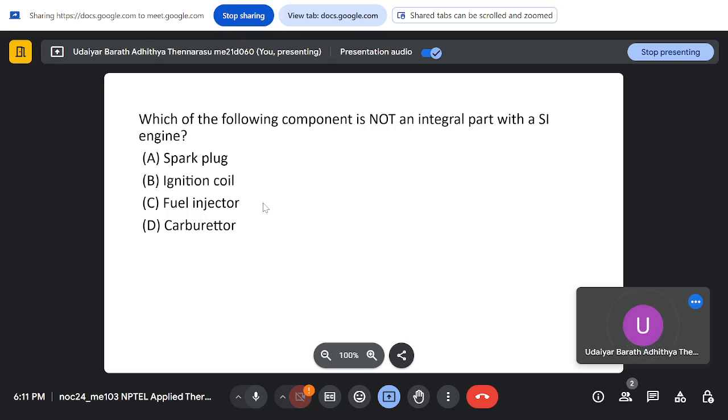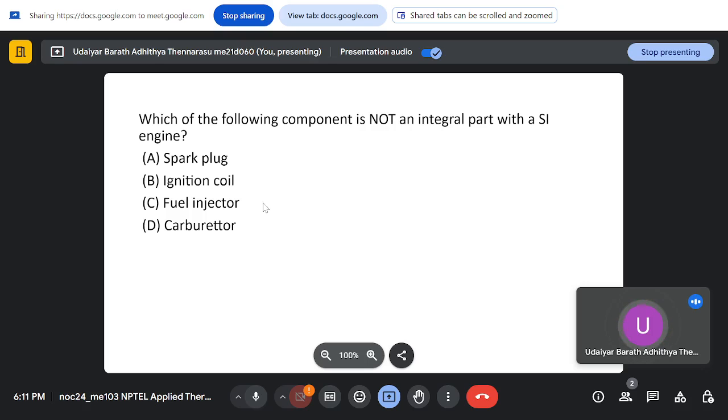So if you see, spark plug and ignition coil are for the ignition. The spark plug works with the ignition coil, so that creates the spark for the combustion to happen. And fuel injector and carburetor serve the purpose of giving you the charge for the combustion process. So fuel injector injects fuel.